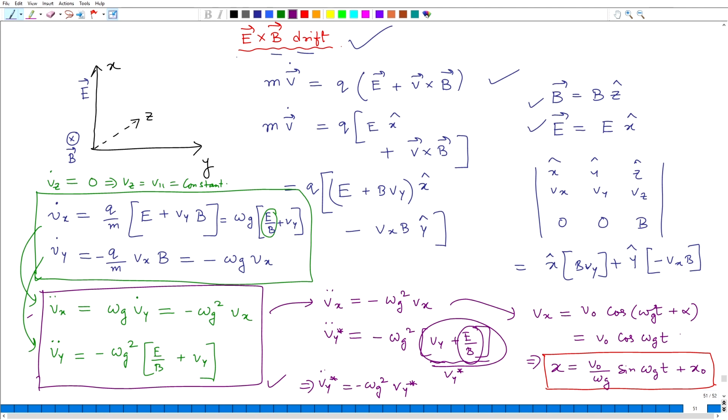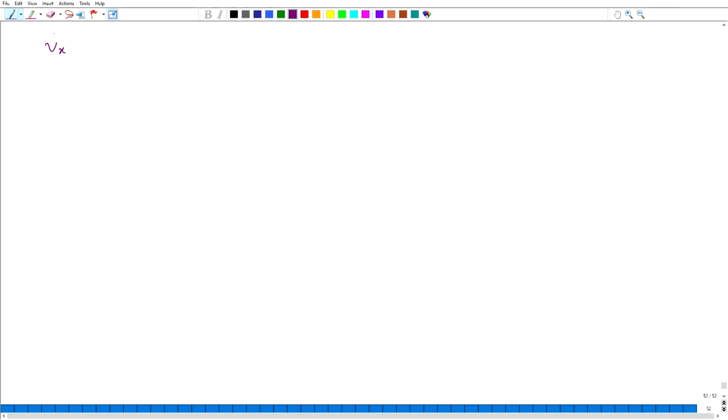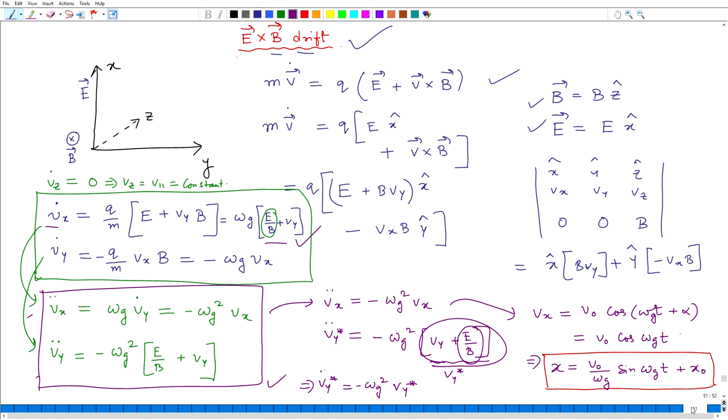So what I would do, I would simply say that V x dot is equal to omega g V y star, that we can say from here. Now, V x dot we have known, this is V0 cos omega g t.